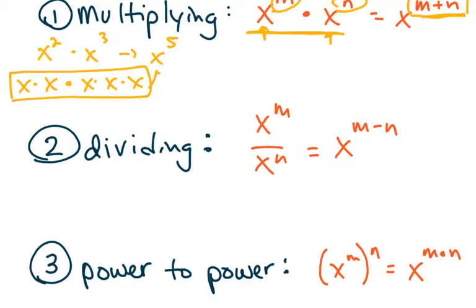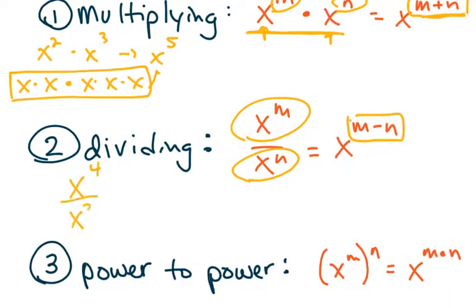Division works a little similarly. If you've got a base with a power and the same base with a different power, you can simplify by subtracting. Let's say you've got x to the 4th over x squared. This becomes x squared, because you do top minus bottom.